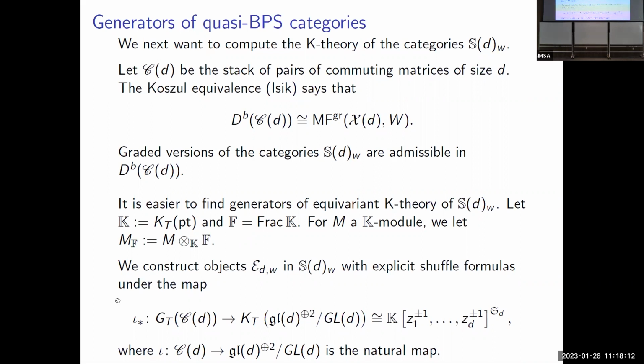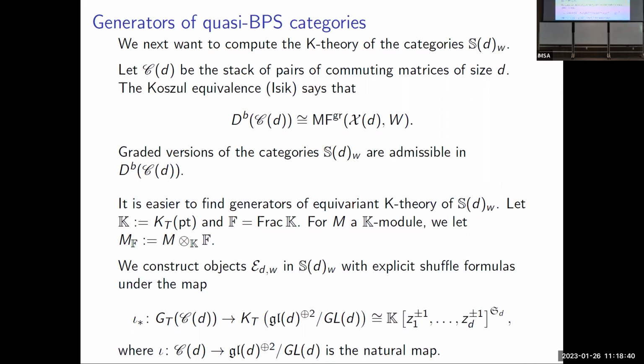And now we have a map from the stack CD to the stack of pairs of matrices, without imposing the commutativity condition. We construct certain objects EDW with explicit shuffle formulas under this map that will generate equivariant K theory of these categories.